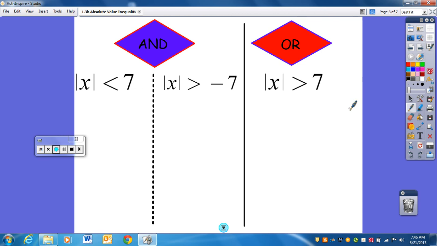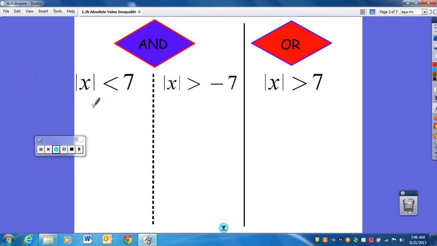Let's take a look. So when we have the absolute value of x less than 7, if we were to come up with a solution for this, as we were working on yesterday with our equations, x would be less than 7. We also know that x would be greater than negative 7, and we would need to flip the sign.